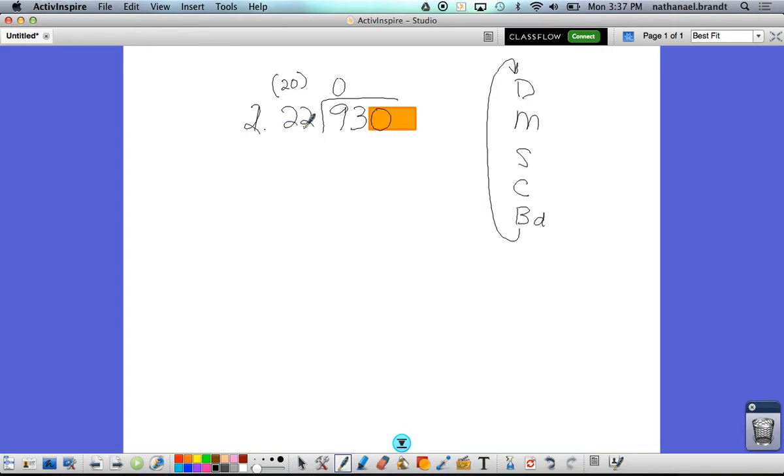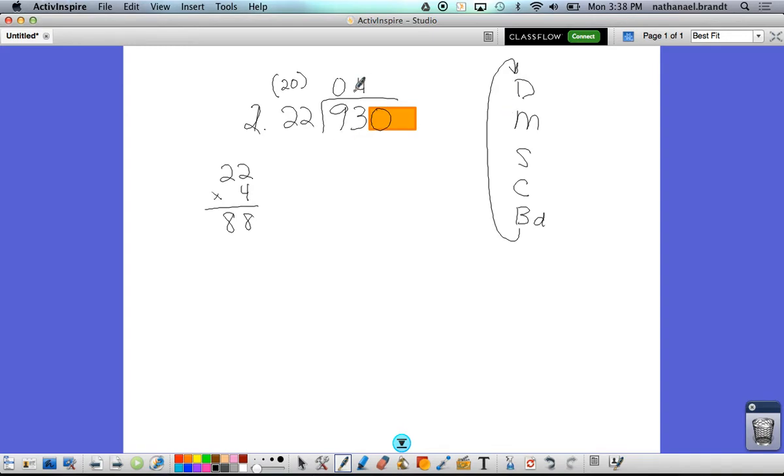So I'm going to take my 22 and multiply. 22 times 4, 2 times 4 is 8, 2 times 4 is 8. So 22 times 4 is 88. 88 is less than 93, and I couldn't add another 22 to 88 and still be less than 93. So there are 4 groups of 22 in 93, and that's my dividing.